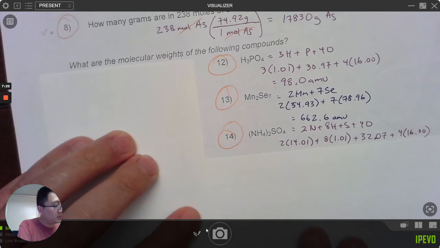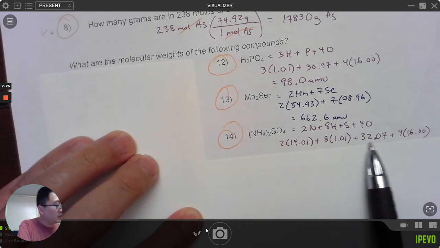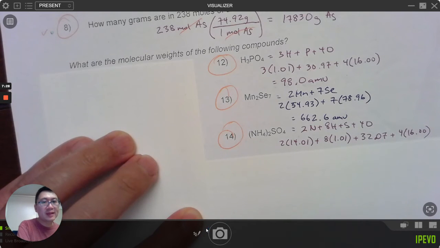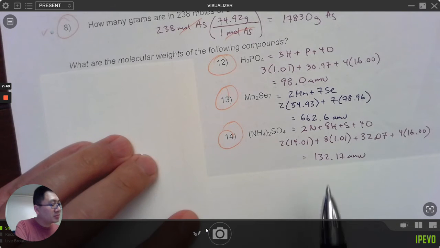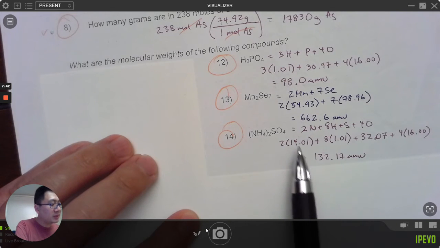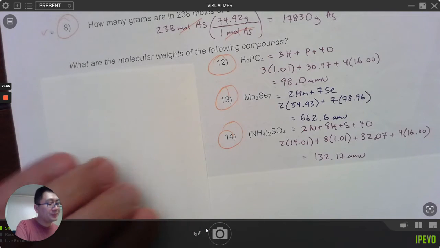Look them all up on the periodic table. 2 times nitrogen, 8 times hydrogen, 1 sulfur, and 4 times oxygen. Add that all up, and I got 132.17. And don't worry about rounding for this. I may or may not have rounded it correctly for sig figs. But the point is, you look up each of the elements, multiply by how many there are, and add them all up on a periodic table.